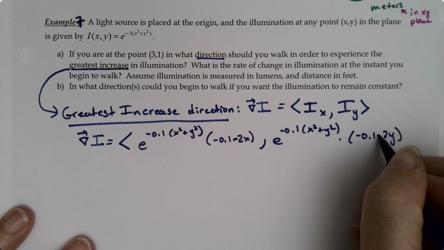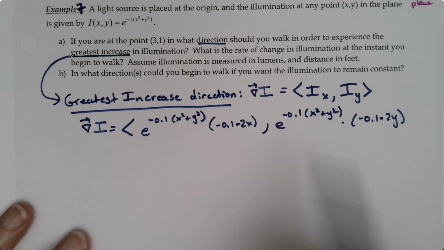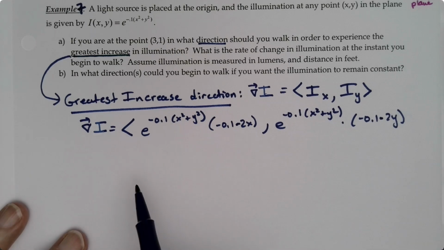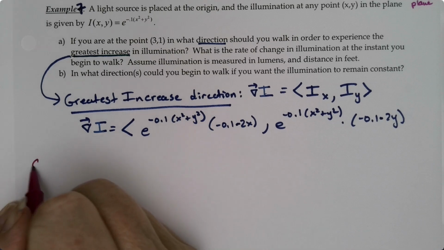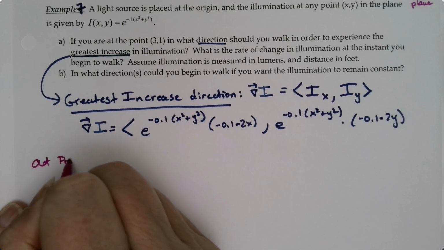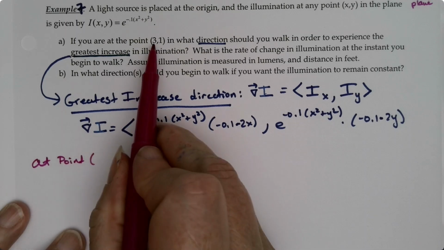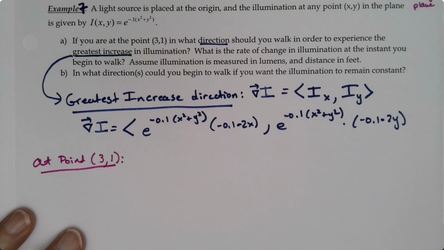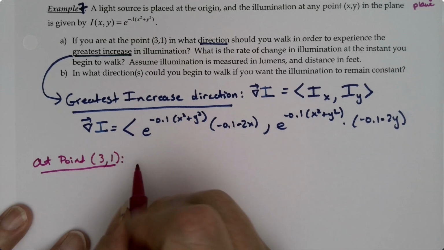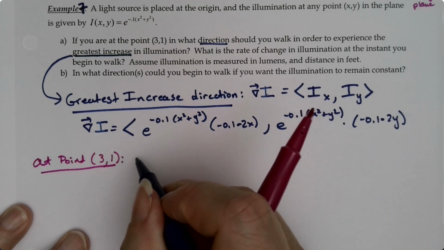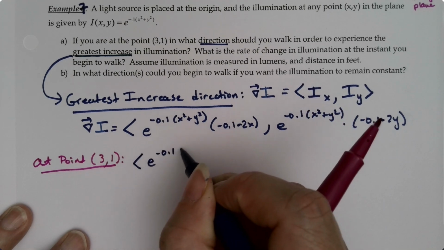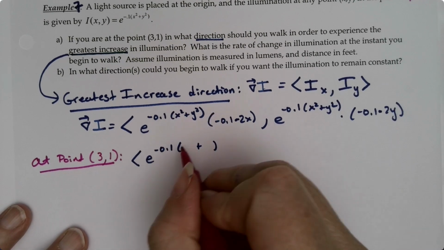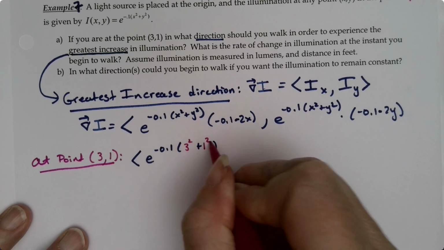All right, so let's think here. We could simplify this, but we don't really have to, right? We really just need it at the particular point that we're looking at, right? So we need it at the point 3, 1. So at point 3, 1, what's our gradient? That would be equal to e to the negative 0.1 times, and then we would put 3 squared and 1 squared in here.